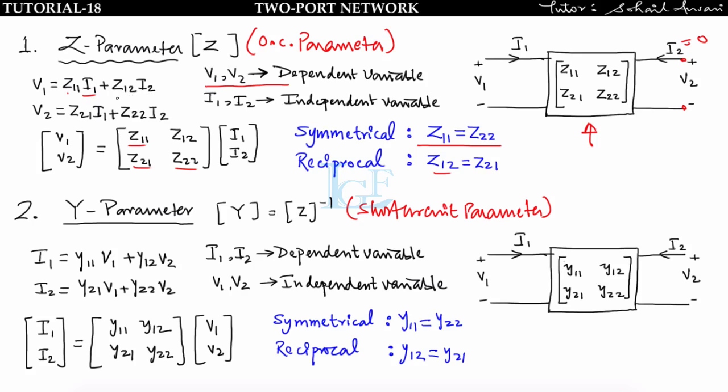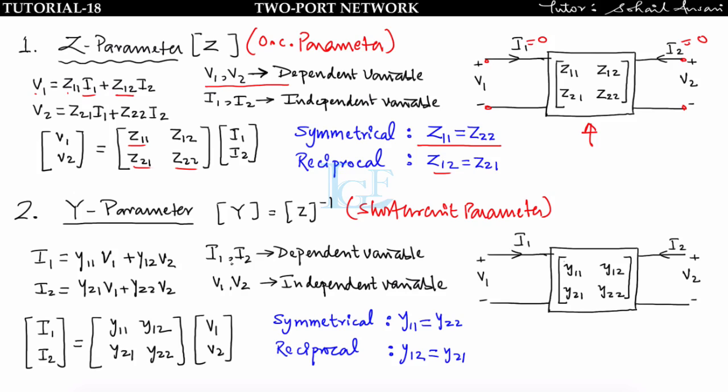For finding Z12 we have to open circuit the input port. If I open circuit this input port, then I1 will be equal to 0. Put I1 equal to 0 here, then you will get V1 upon I2, that is equal to Z12. So while calculating the Z parameters, we have to open circuit the input port or output port in order to find Z11, Z12, Z21 and Z22. That's why it is known as the open circuit parameter.